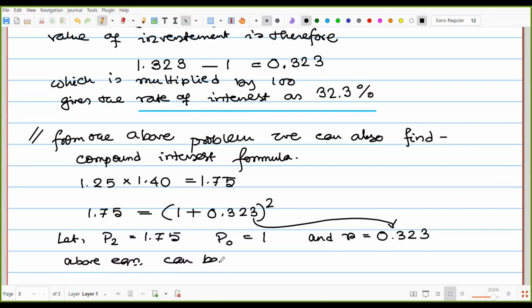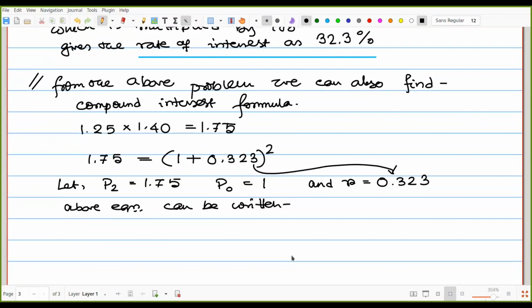So the above equation can be written using the compound interest formula like this. P2 is equal to P0 into 1 plus R whole square, where P0 was 1.